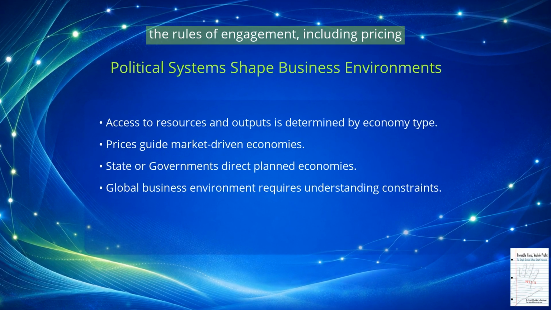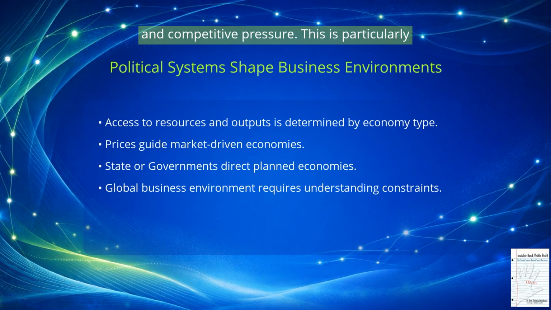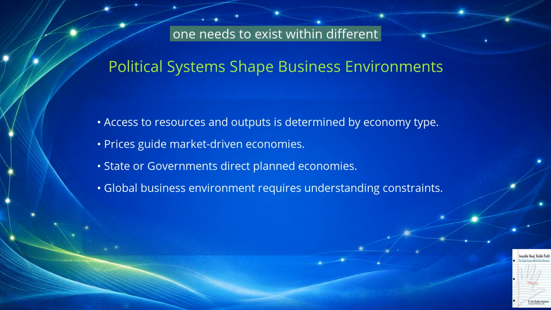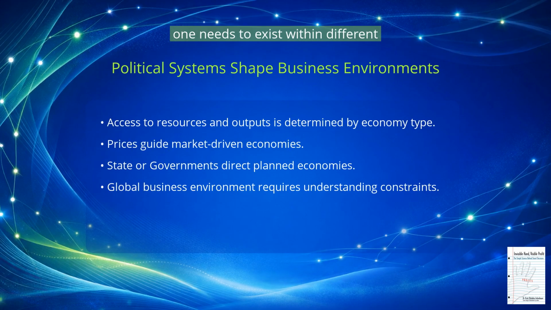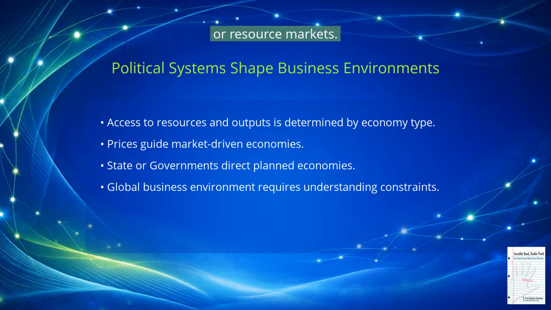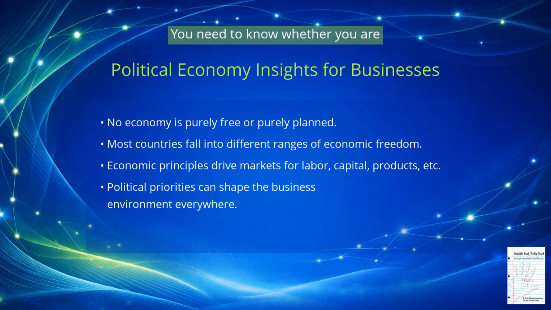For any business, this changes the rules of engagement, including pricing power, access to resources, regulatory exposure, and competitive pressure. This is particularly important in a globalizing world where one needs to exist within different types of economies for their product or resource markets. Better economic thinking starts with better classification.